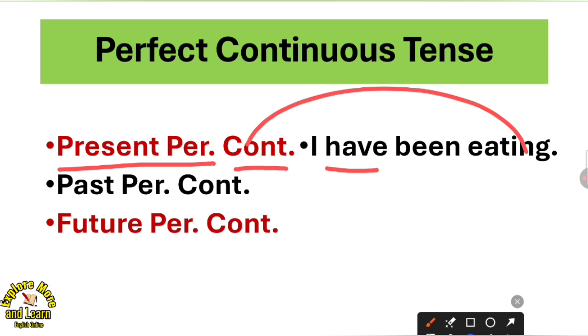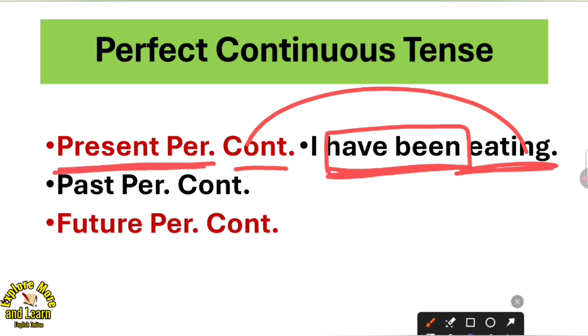Here, we take two times together, but I am taking the basic structure just to explain it to you. So I have been eating before you came, or I have been eating when you came, like that. So this is the basic structure: has or have plus been, then verb in ing form. You got it? Half of the part of present perfect and half of the part of continuous.